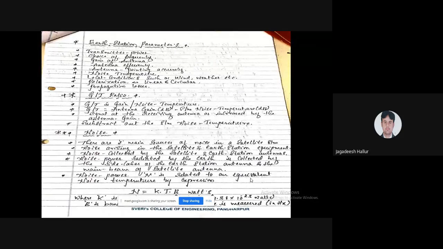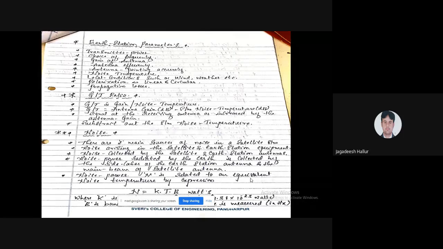And this is the revision for the Earth station parameters. All these parameters you already studied, but we'll see one more time. That is transmitter power, the choice of frequency, which frequency you have to consider for a particular satellite.